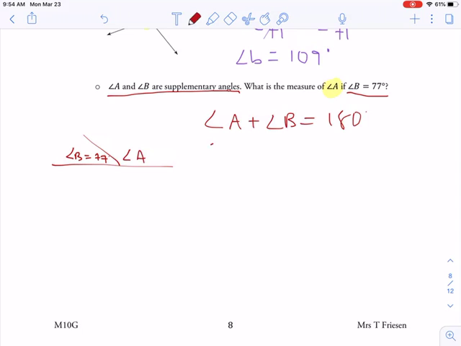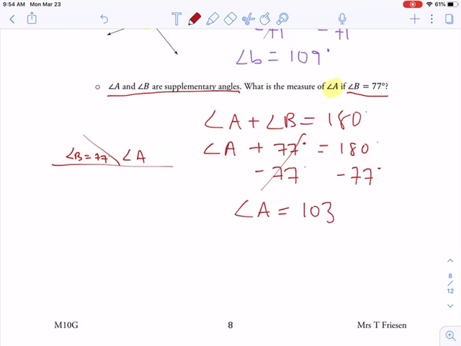And so because of that, we can replace B with 77. And then that leaves us with algebra to find just angle A. Okay, so that means that angle A is equal to 180 minus 77 degrees, and that leaves us with 103 degrees as our final answer.